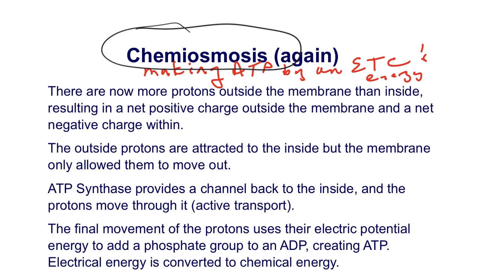So if you have an electron transport chain, you're harvesting ATP by the process of chemiosmosis with ATP synthase, allowing protons to passively transport through it, releasing energy that will be captured in ADP, turning it into ATP.